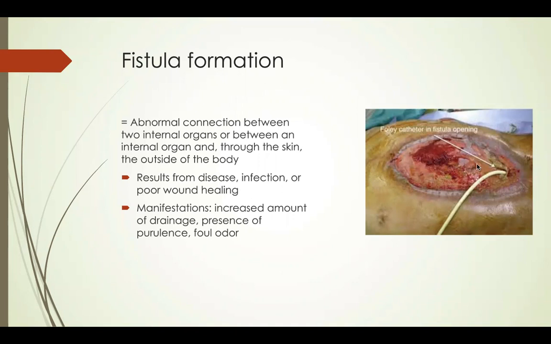I can't really tell where this one is traveling to, but it's a connection. Maybe it could come through the bladder into the skin. These result from disease, infections, or poor wound healing. Signs you would see are an increased amount of drainage, presence of purulent drainage, or foul odor.